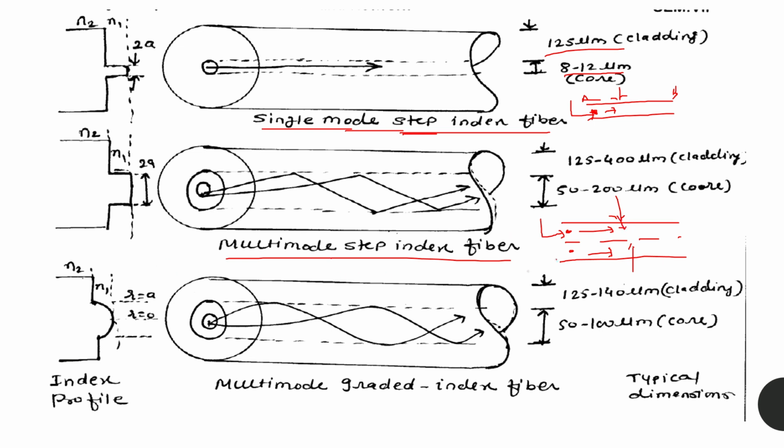So in multi-mode step index fiber, multiple paths are present, and with the help of these paths, multiple light signals can travel at a time. As you can see here, it is a step index fiber, so the refractive index of this optical fiber will remain uniform across the cable, and the diameter of this multi-mode step index fiber is 50 to 200 micrometer, and the diameter of the cladding is 125 to 400 micrometer.